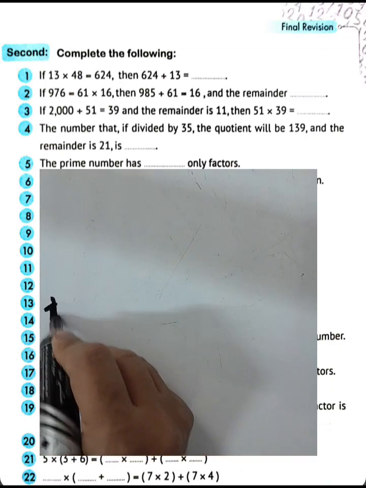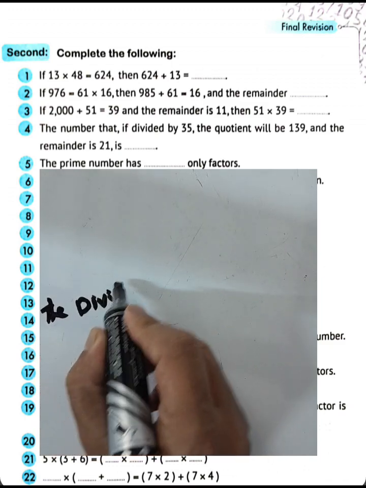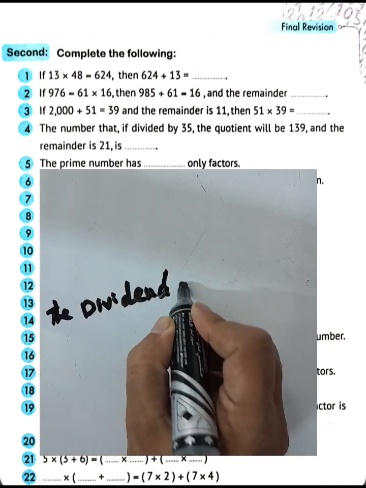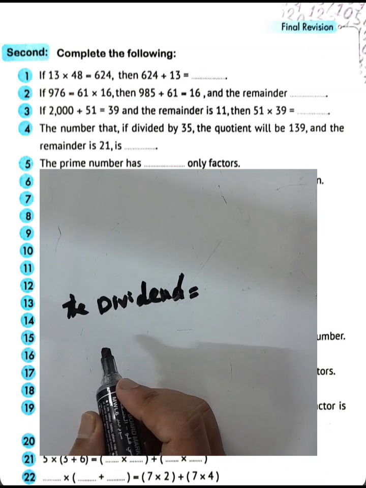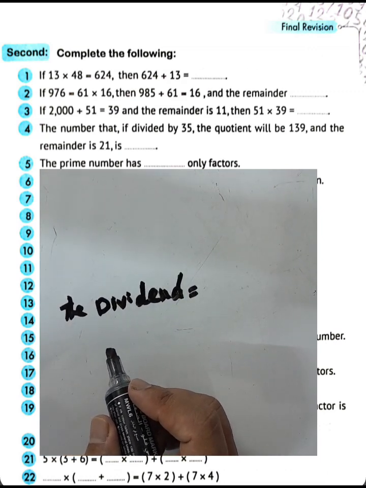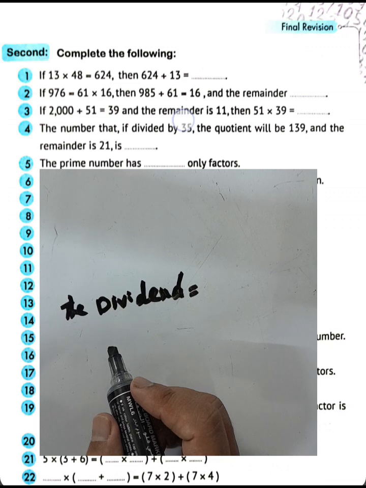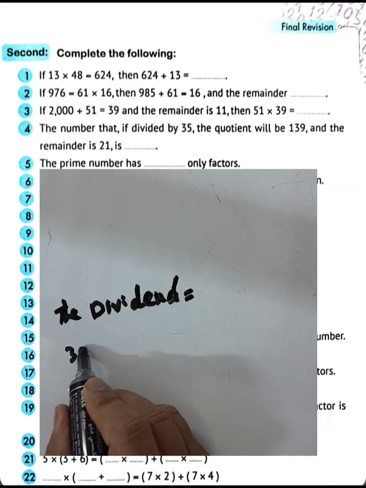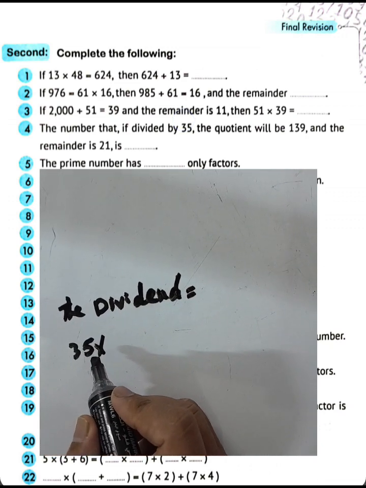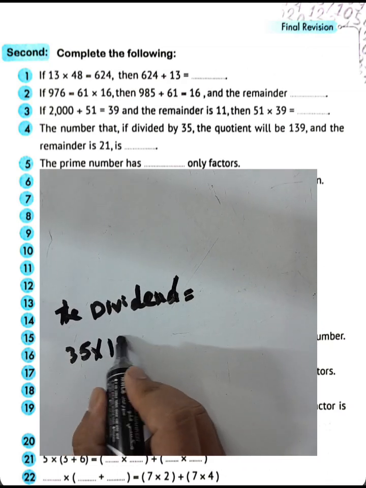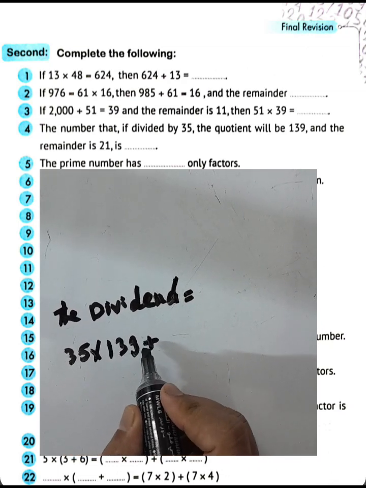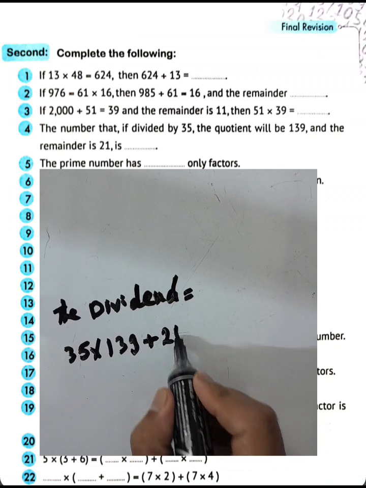Then the dividend equals 35, the divisor, multiplied by the quotient 139, and then we add the remainder, 21.